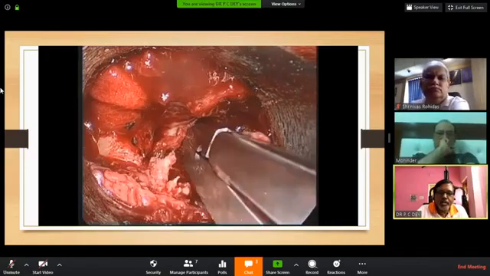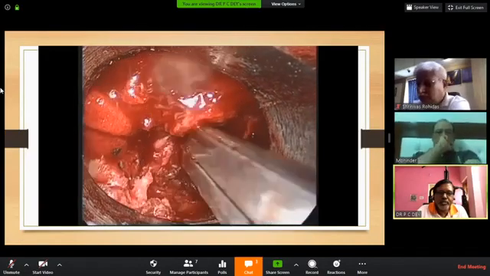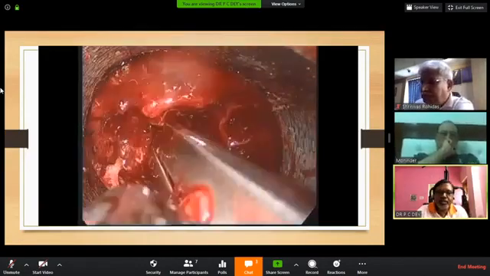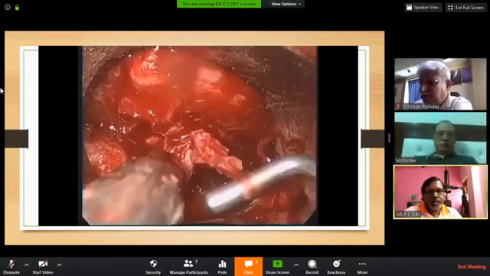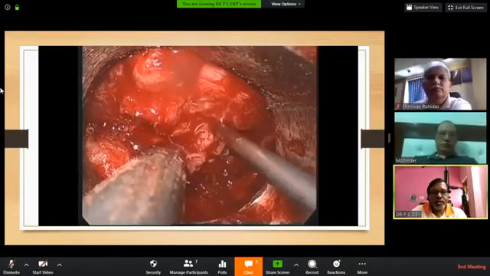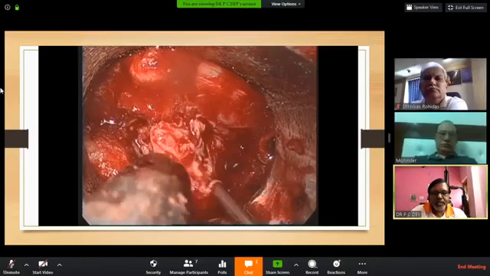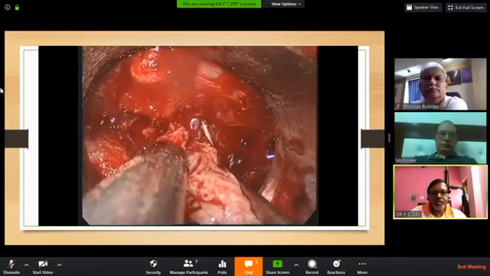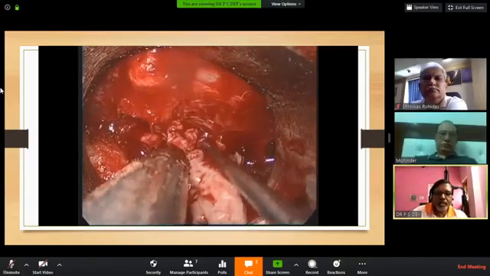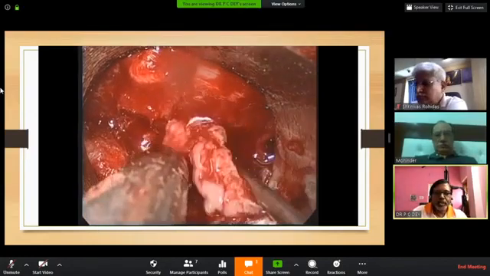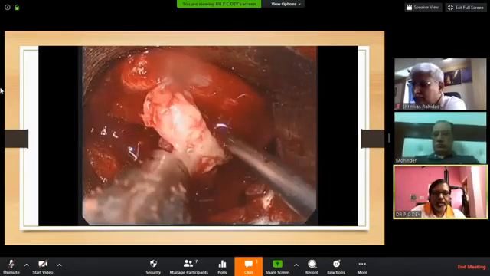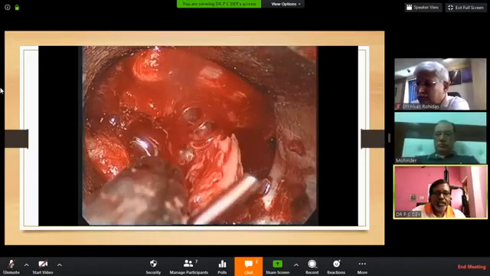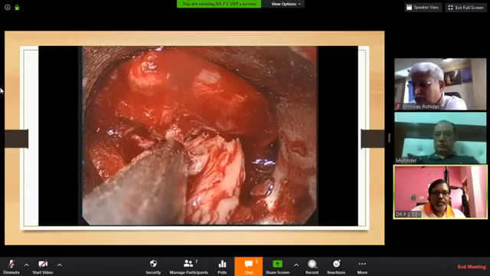We are not disturbing the fibrous tissue here, because if you disturb the fibrous tissue, definitely you are going to injure the dura or the nerve. So try to sacrifice a little bit of the medial aspect of the bone, that is the facet here, because there is no lamina available here. So you have to sacrifice a little bit of the facet, make a cleavage, go inside and do the discectomy. There was a huge disc.